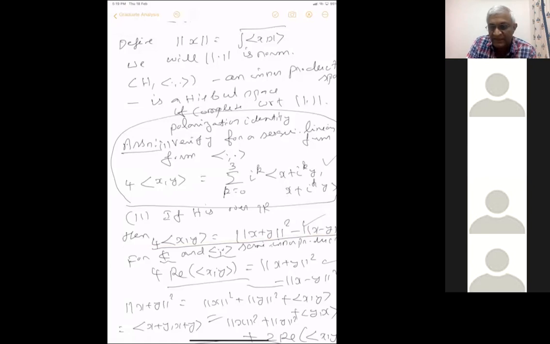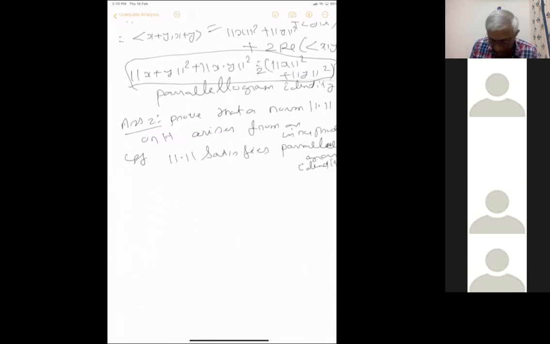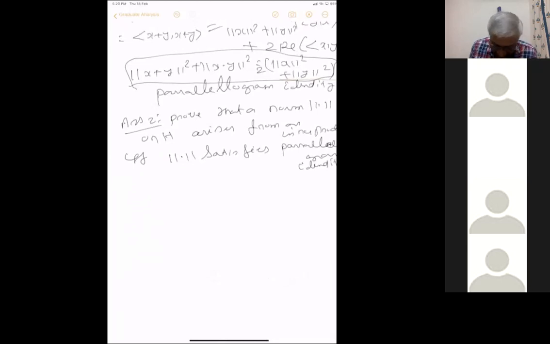So if we have a norm which satisfies the parallelogram identity, you define the inner product between x and y as 1 by 4 times this right hand side, which can be defined using the norm. Then prove, using the parallelogram identity, that it is actually an inner product. That's all. So that is assignment 2.